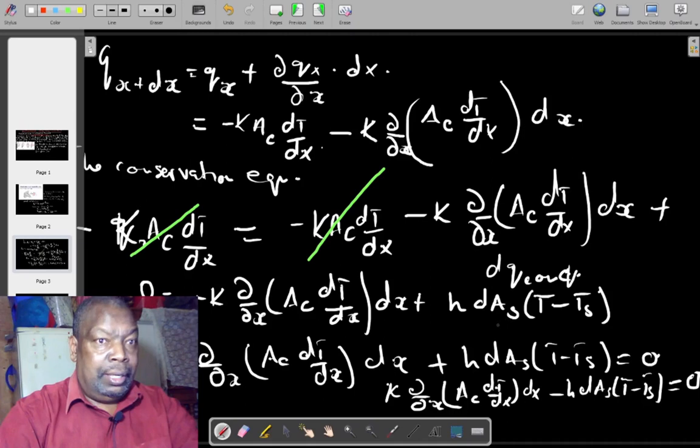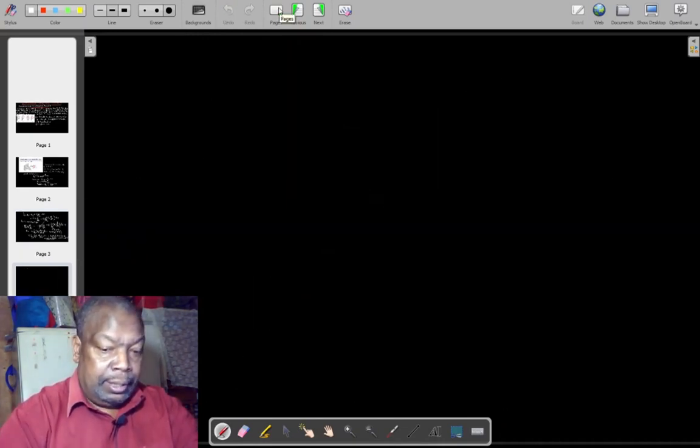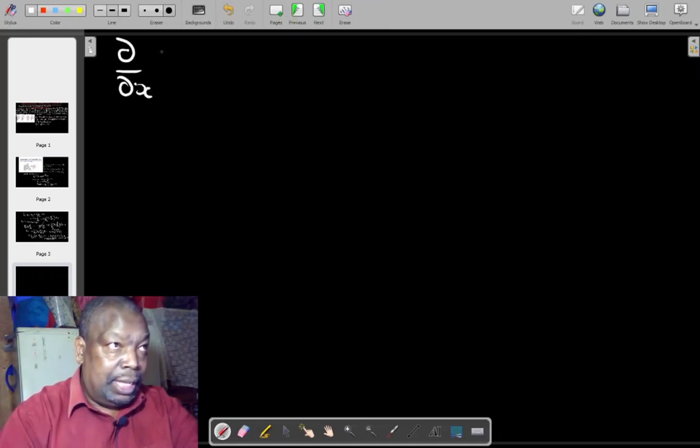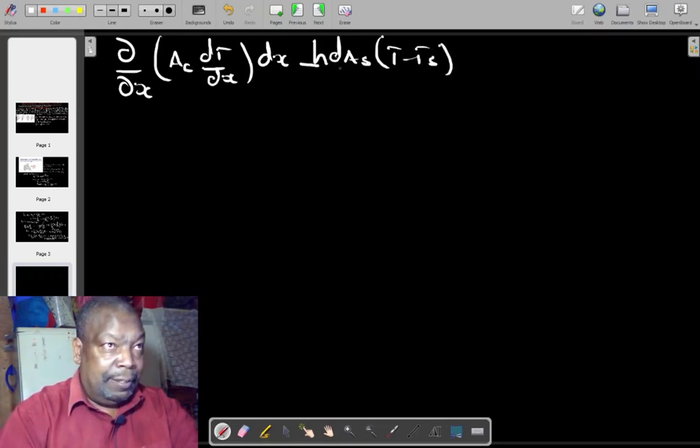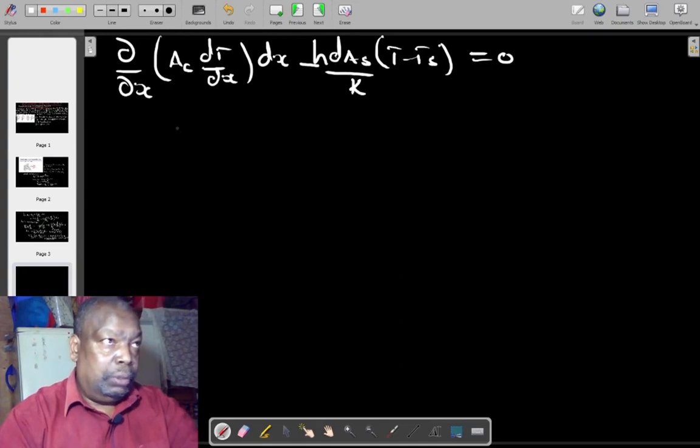And now I can divide through by k, and I get d by dx of (Ac dT by dx) minus dAs h (T minus Ts), all of that divided by k, equal to 0.